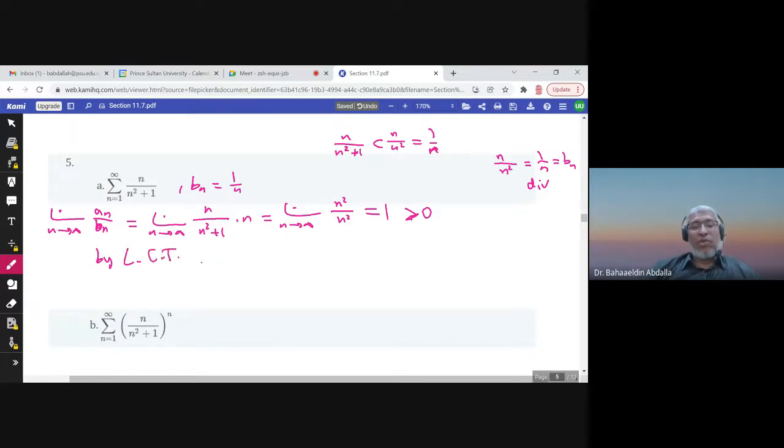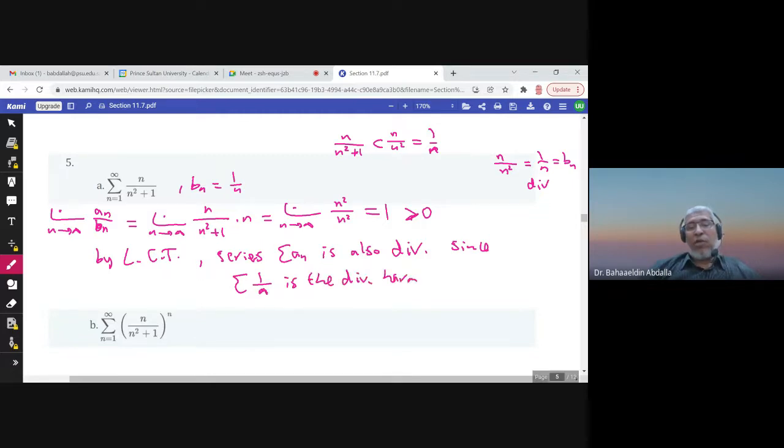So by the limit comparison test, the series a_n is also divergent, since summation 1 over n is the divergent harmonic series, or you can say that it is a p-series with p equals 1, so it is divergent.